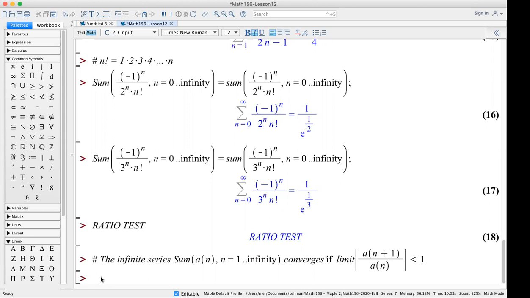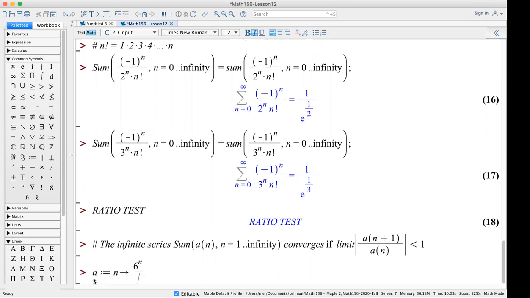So suppose we let a_n be the sequence 6 to the n divided by (n plus 1) to the n.